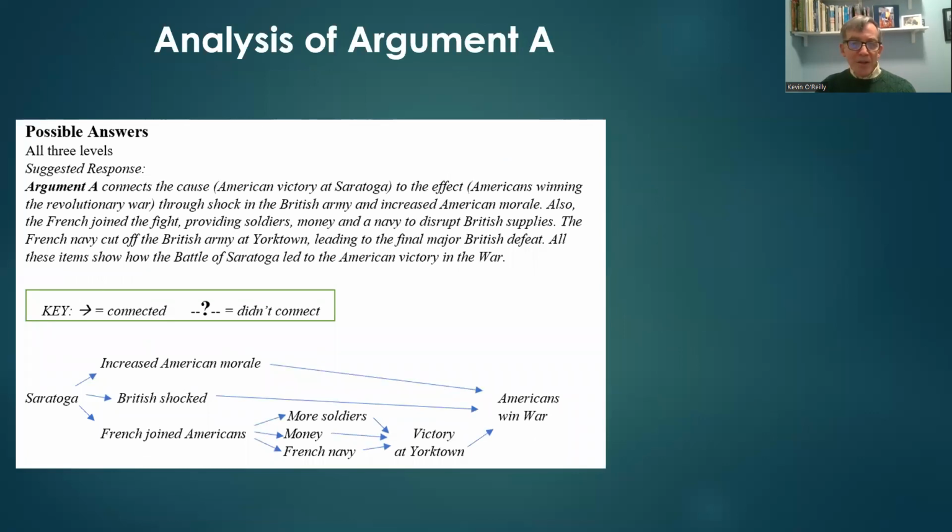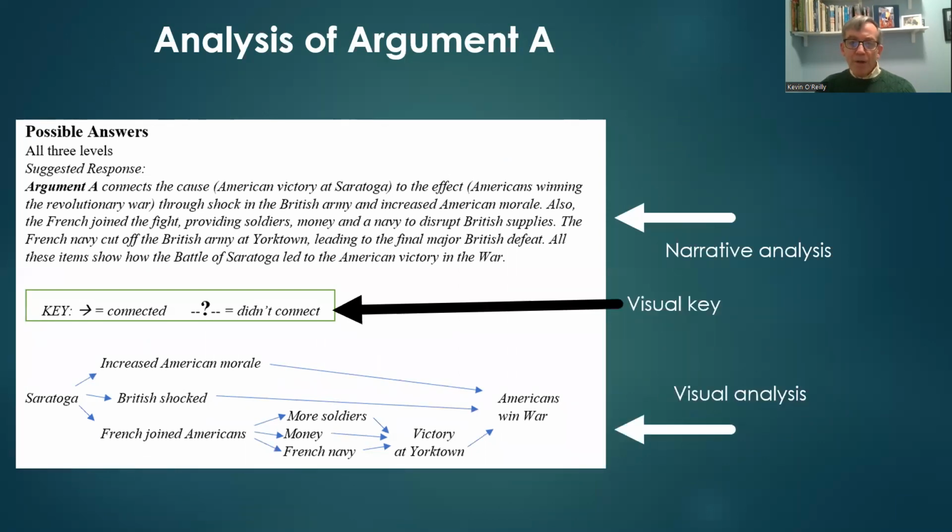The suggested answers give a narrative explanation and a visual diagram of the arguments. So here it says in the narrative that argument A gives the best connection, but also for visual learners, it gives a diagram.